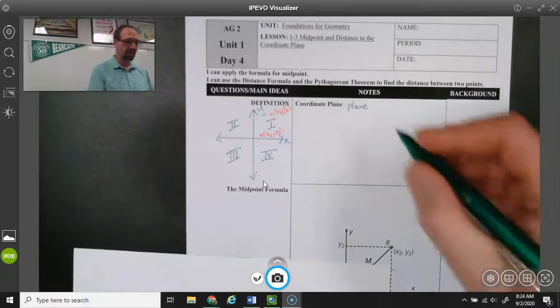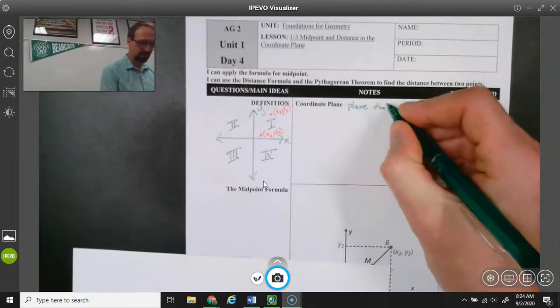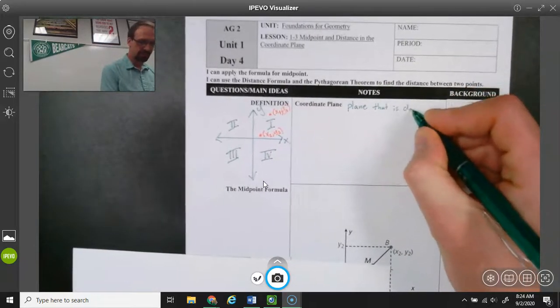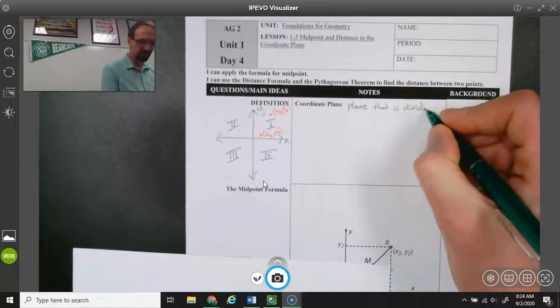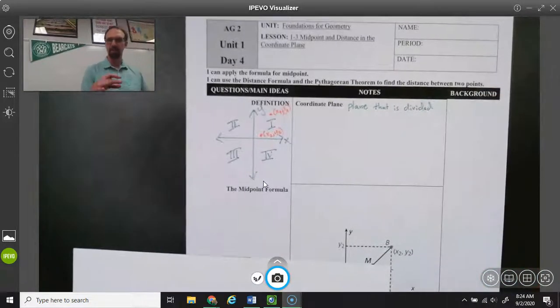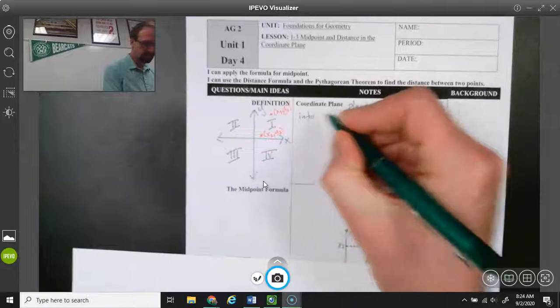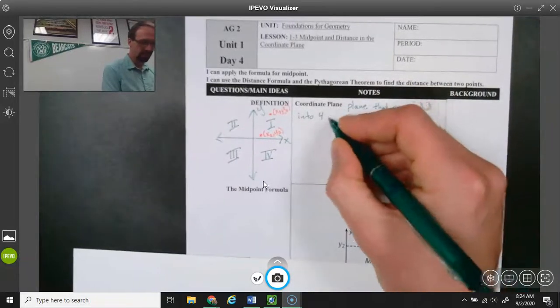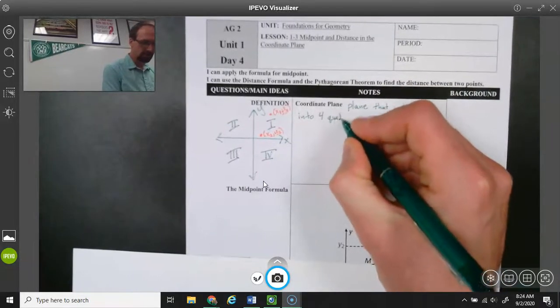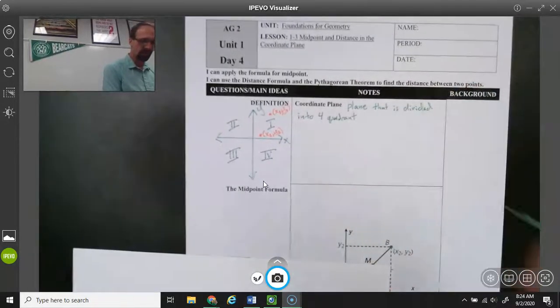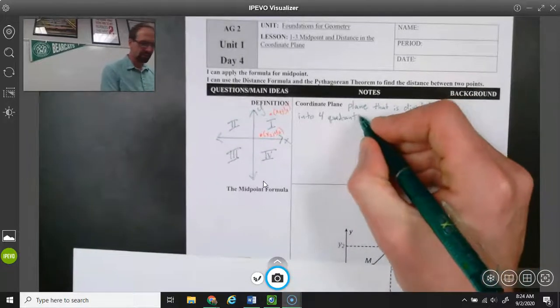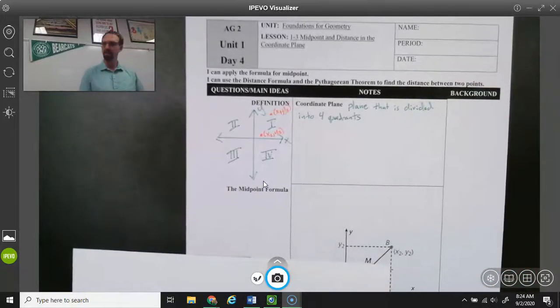So a plane that is divided or split up or separated into 4 quadrants. That's what the word quadrant means, actually, 4 different areas.